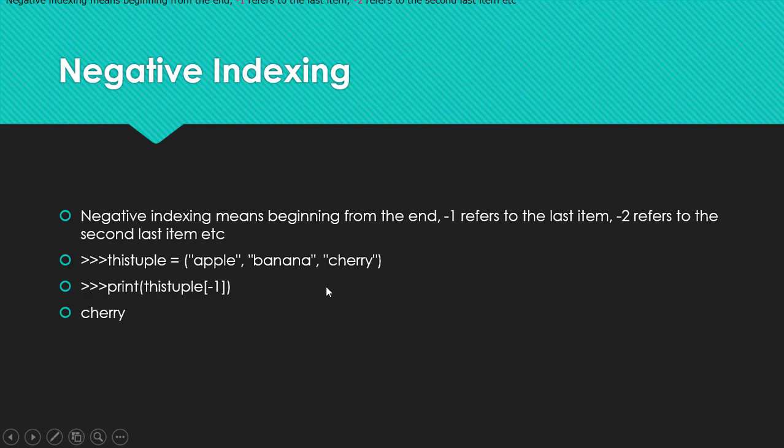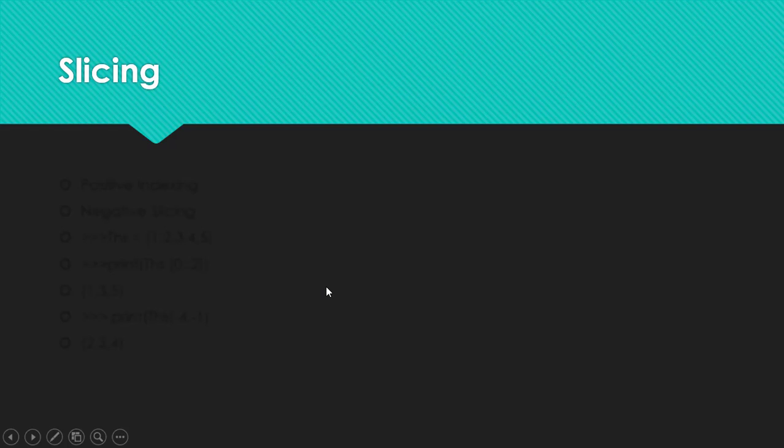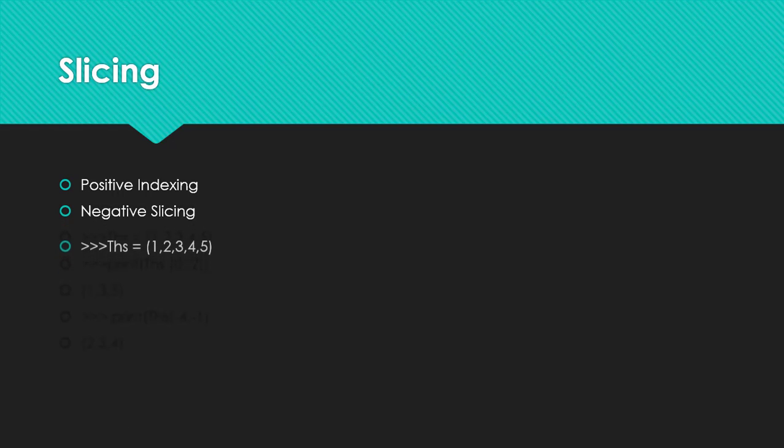You can see that. So the next is slicing. Slicing is basically to take a part of the list or the tuple out of the complete list. Right, so we can use the positive indexing or the negative indexing to get a slice out of the complete tuple. For example, here I have thistuple, this is equal to 1, 2, 3, 4, 5. I have 5 elements in the tuple.